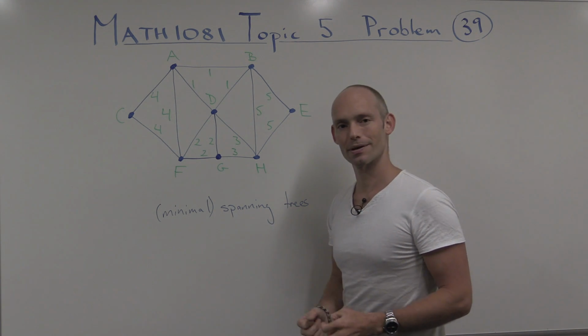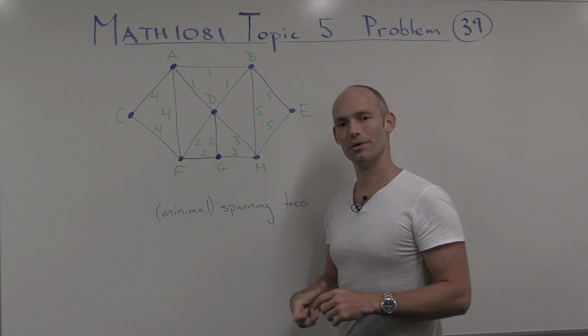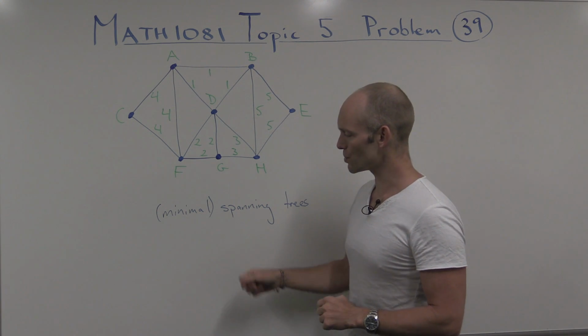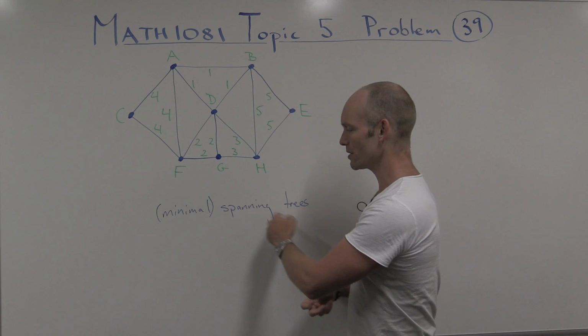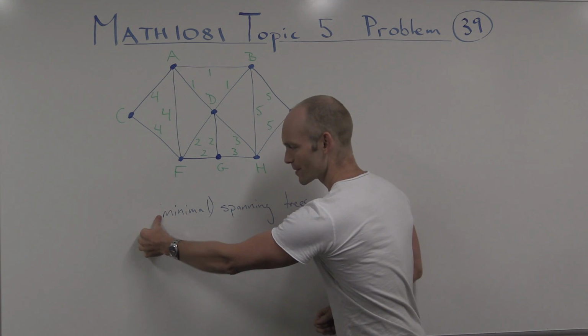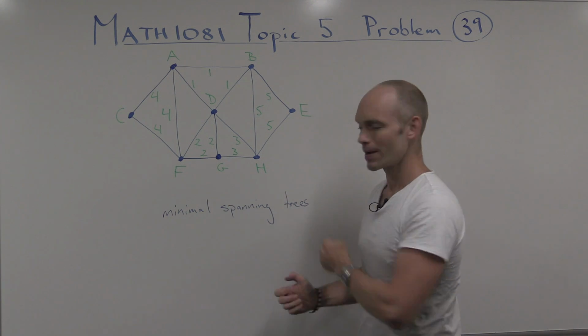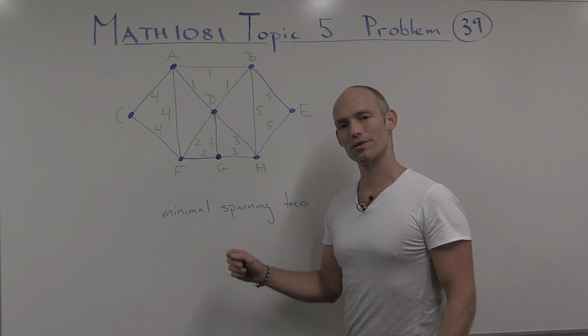Now, as I said, there were two ways of interpreting this minimality. There's the usual minimal spanning tree, which we could write just like this. And then there's also another variation which I'll get to.